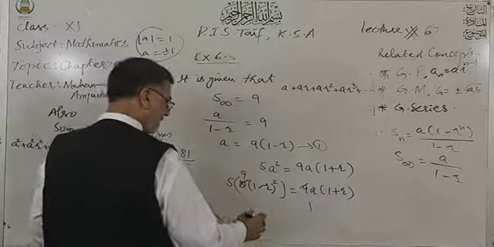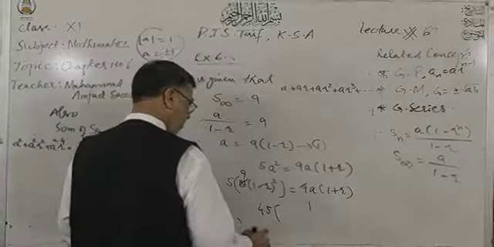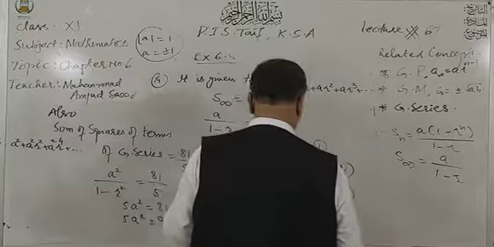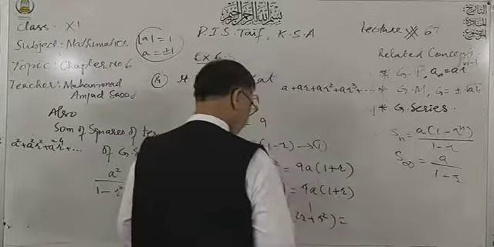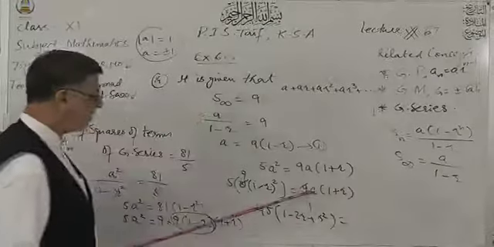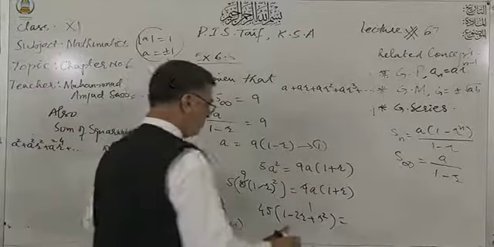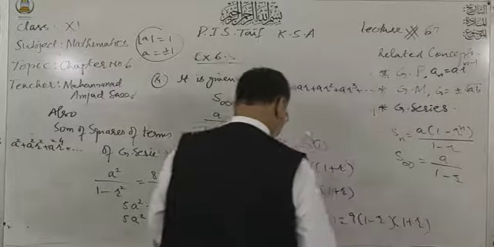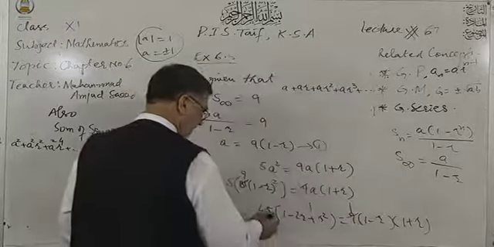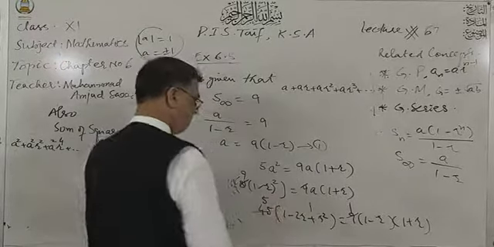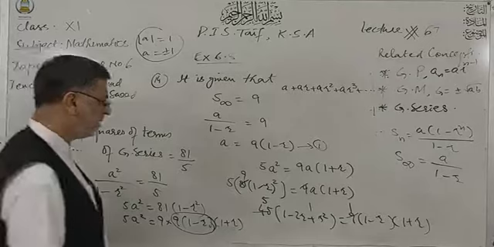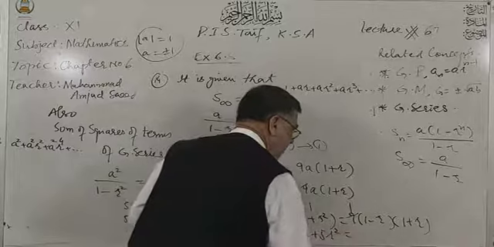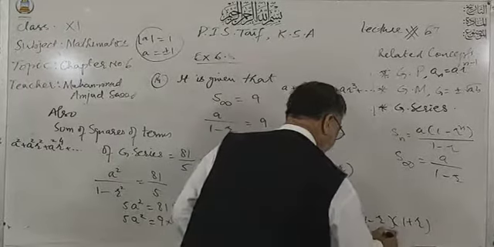Here we will have 45 into (1 − 2r + r²) is equal to a, and a is 9 into (1 − r)(1 + r). Again you can cancel: 9 ones are 9, and 9 fives are 45. So here we can have 5 − 10r + 5r² = 1 − r².